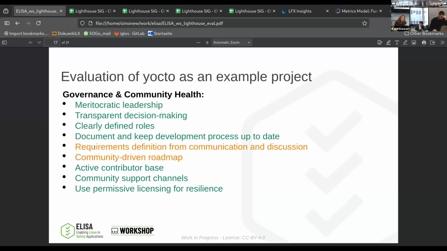Then requirements definition for communication and discussion is rather hard to prove if there's no formal process for it.